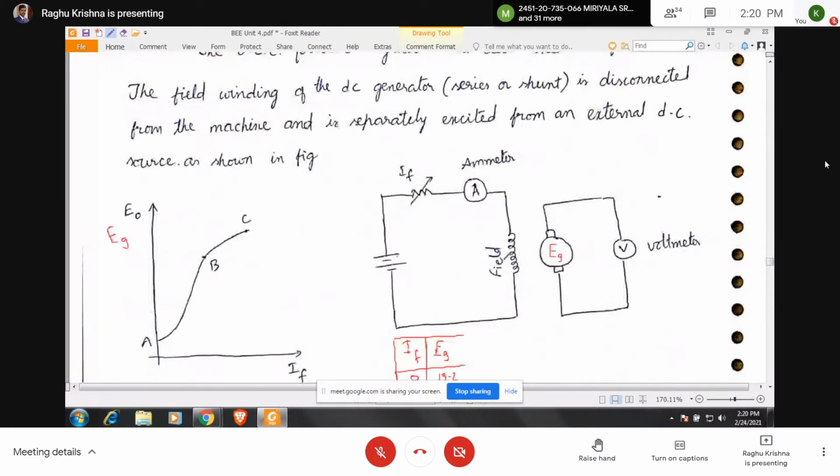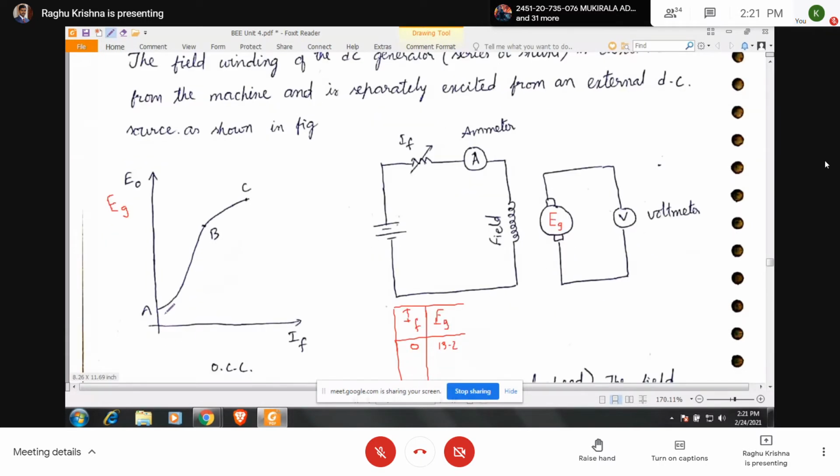We are going to increase the flux by increasing the current, but even if IF equal to 0, there will be some residual magnetic flux, and due to that flux we get a residual voltage.